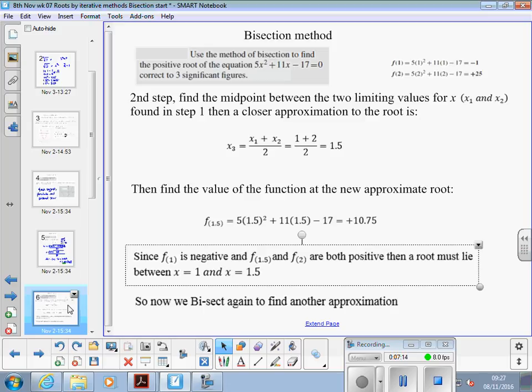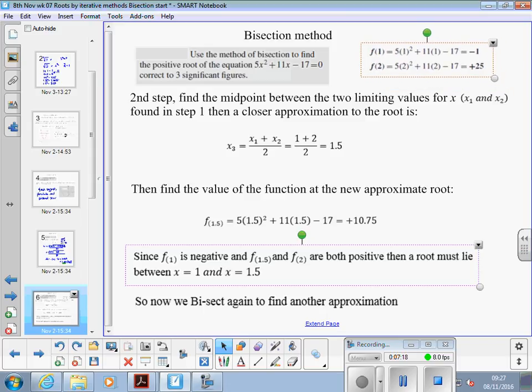Using functional notation, when x is equal to 1, the function equates to an answer of -1, so we're underneath the x-axis. When x is 2, the function equates to +25.